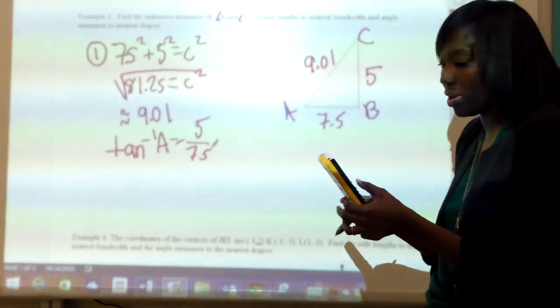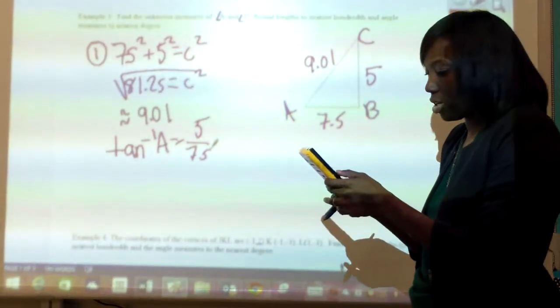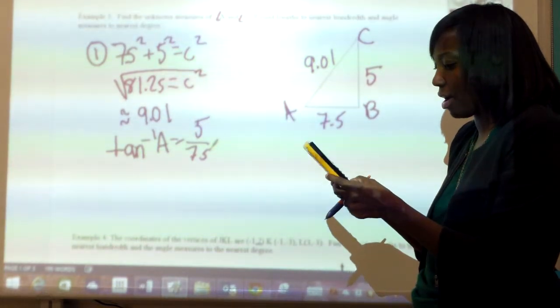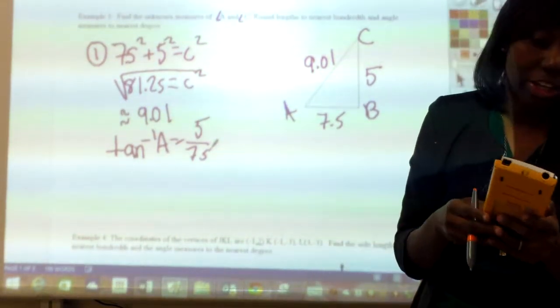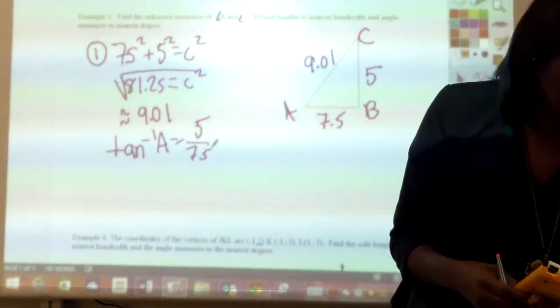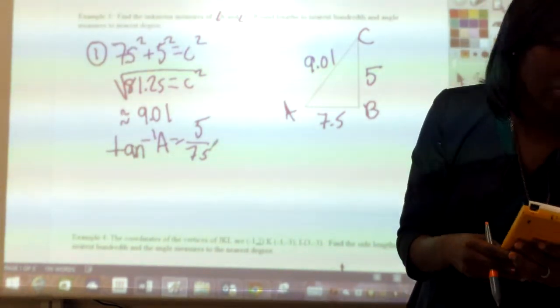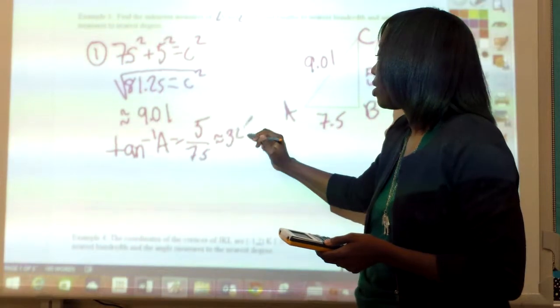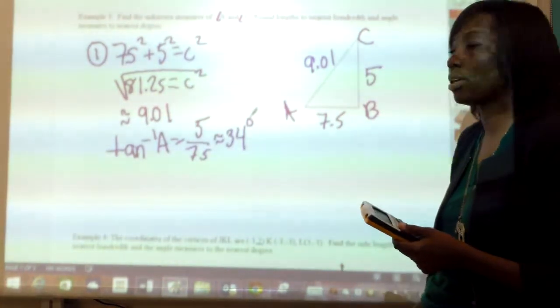Remember, your calculator must be in degree mode. So when we do tan inverse of 5 divided by 7.5, we get 33.6, and it says round to the nearest degree. So that means that angle A is approximately 34 degrees.